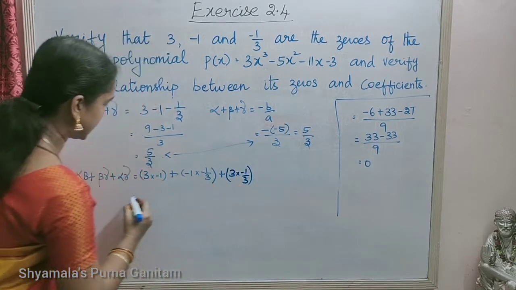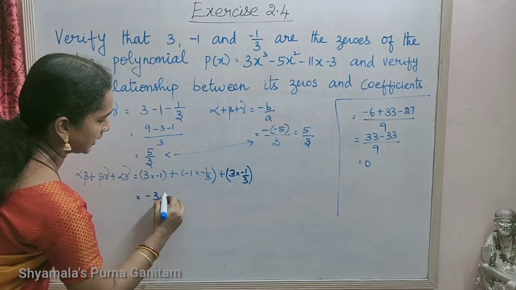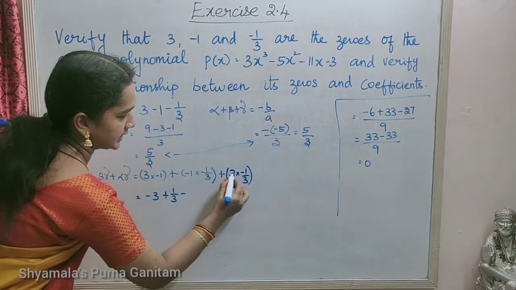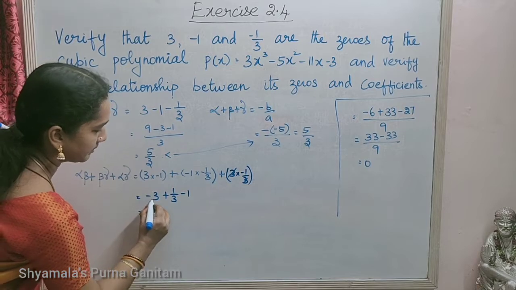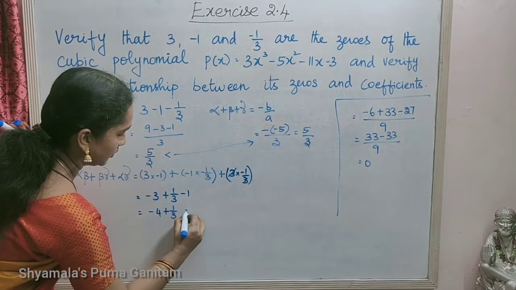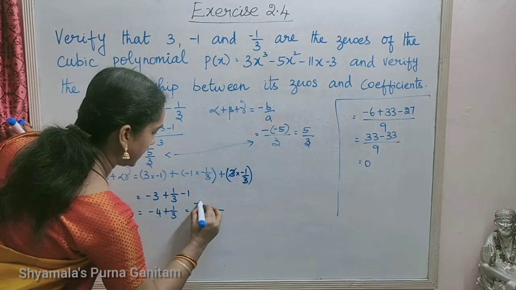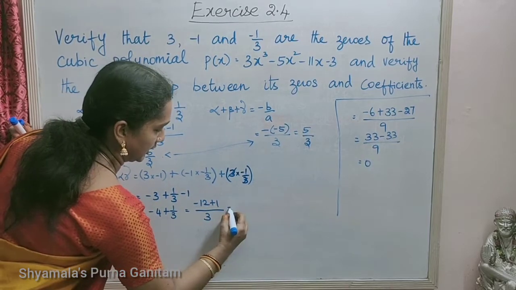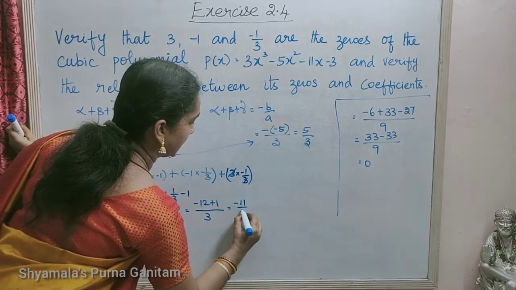So all these things need to be simplified. This is minus 3, minus into minus is plus 1 by 3. Then the 3 and 3 get cancelled, you will get minus 1. So minus 3 minus 1 is minus 4 plus 1 by 3. When you simplify this, 3 is the denominator, then minus 12 plus 1, which is minus 11 by 3.